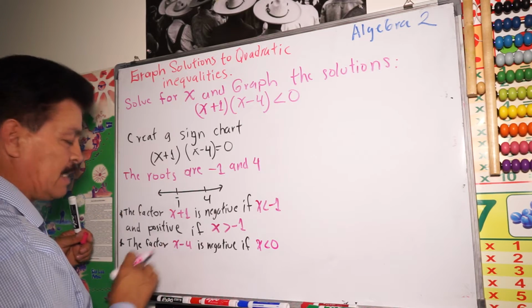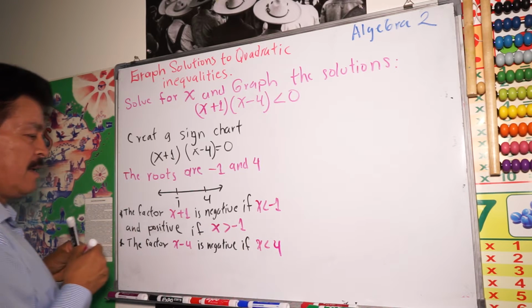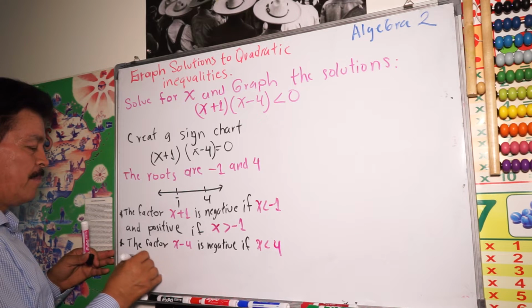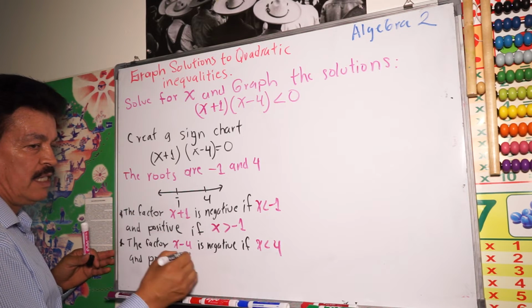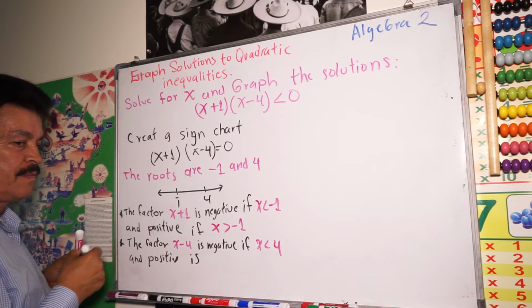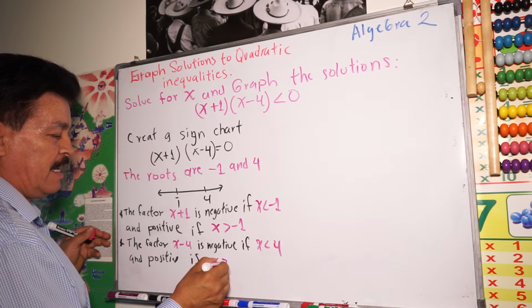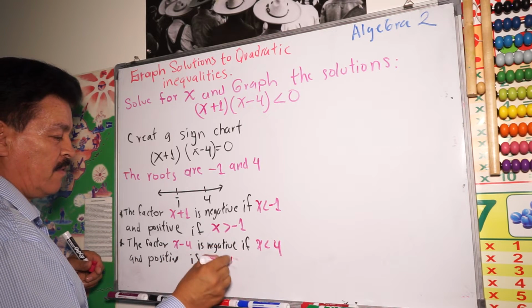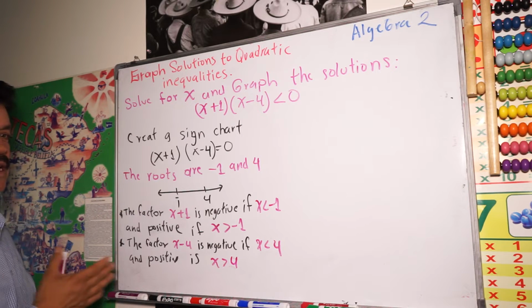No, x is less than 4. We are talking about 4. Less than 4, right? And positive if x is greater than 4. Greater than 4, not than 0, 4. Right, so we have this main idea here.